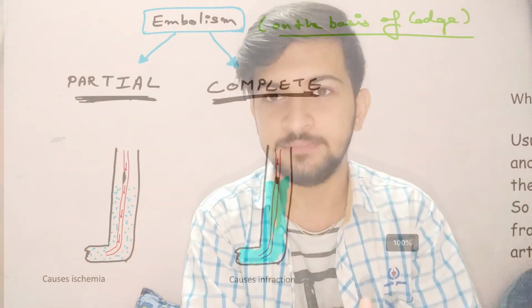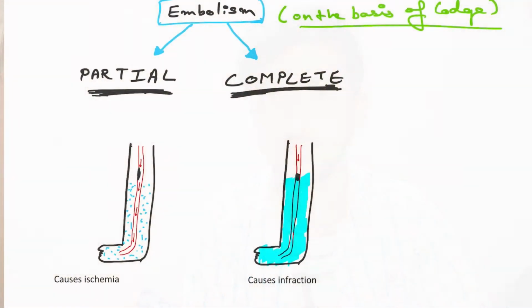Embolism is of two types on the basis of how it lodges. It can be partial or it can be complete. If partial, it can cause ischemia, and if complete, it can cause infarction. Let's see in the diagram.